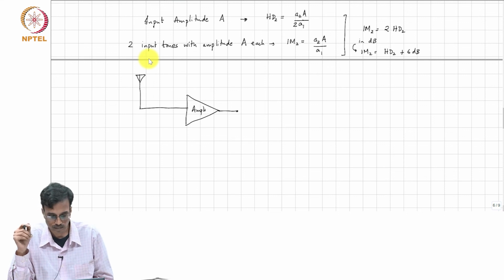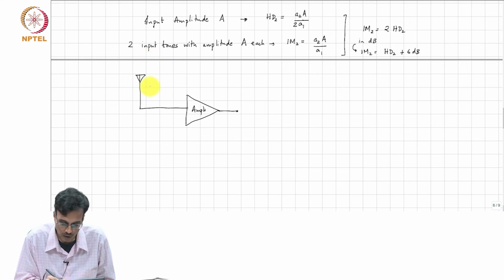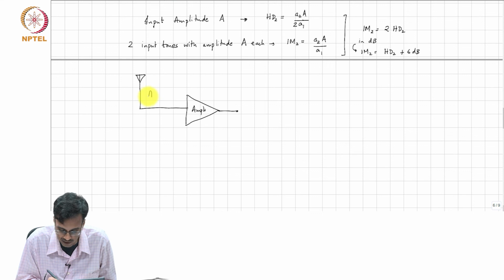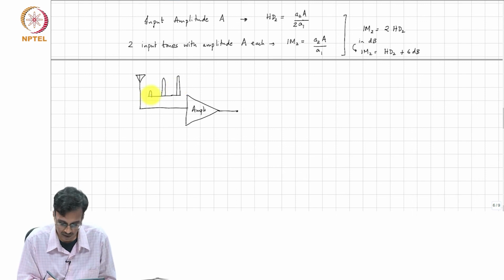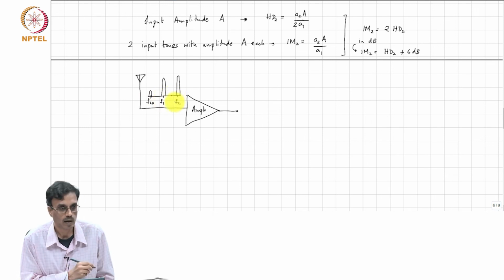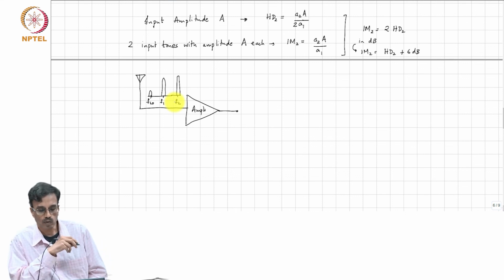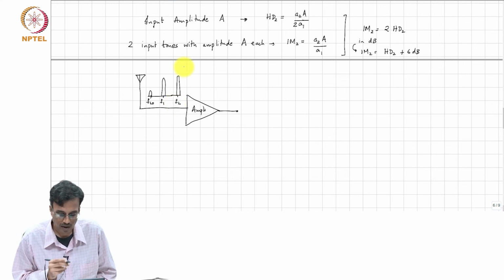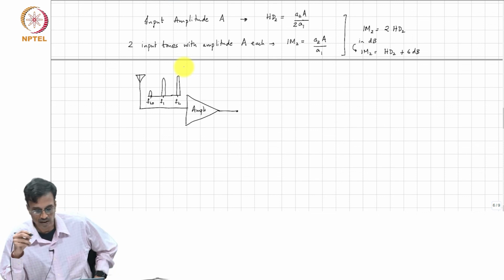Let us say we have a small desired signal here and two large out of band interferers. So this is FLO and this is F1 and this is F2. How will the receiver work? Let us assume that the amplifier does not saturate.